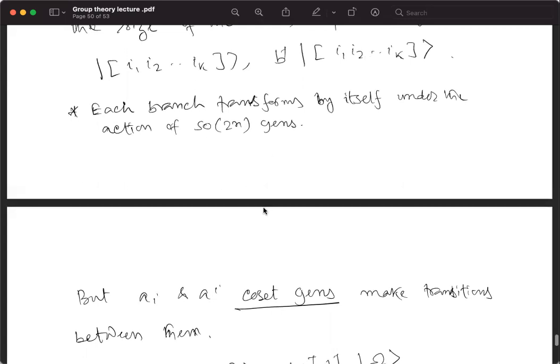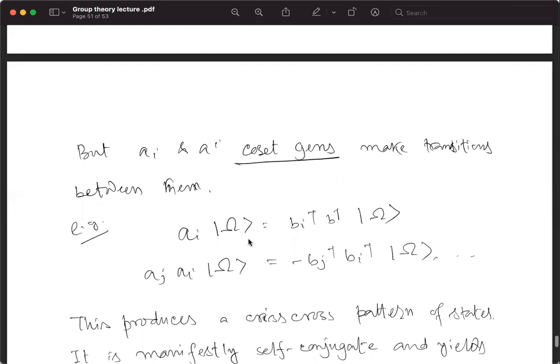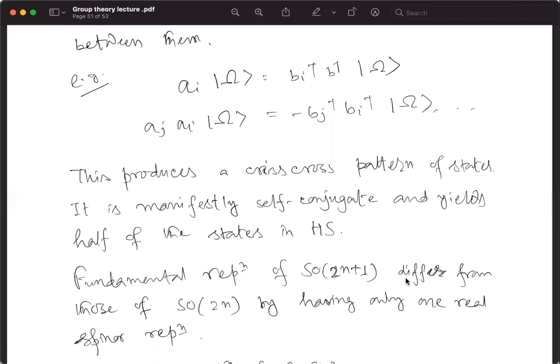Vice versa, it can be done by these coset generators. For example, A_i acting on omega will give you B_i dagger, B dagger, omega, and A_j like minus B_j dagger, B_i dagger, omega, in this way. So this produces a crisscross pattern of states. It is manifestly self-conjugate and it's half of the states in the Hilbert space.